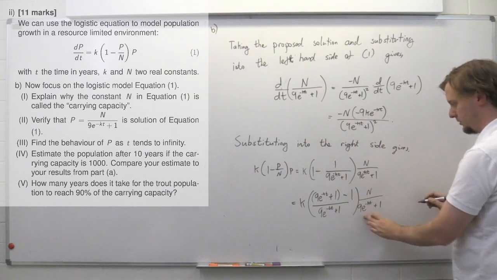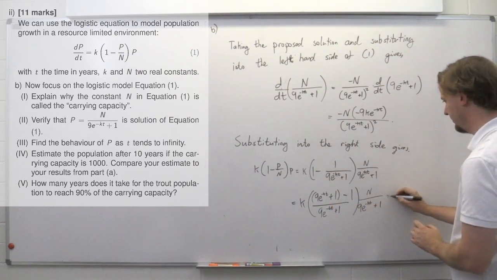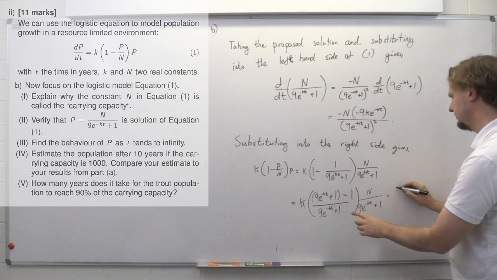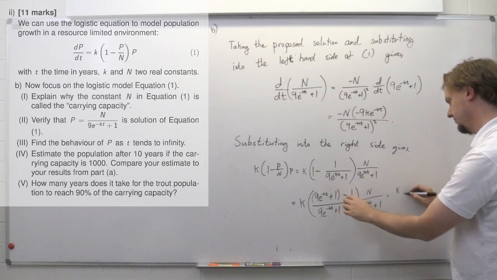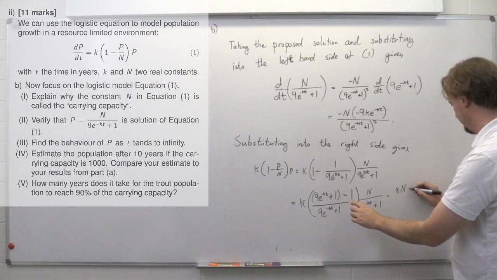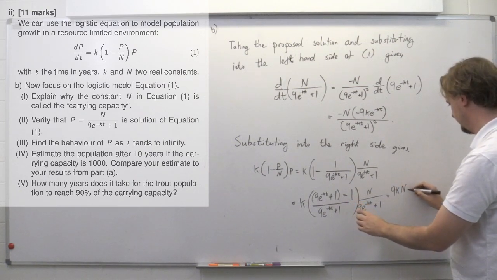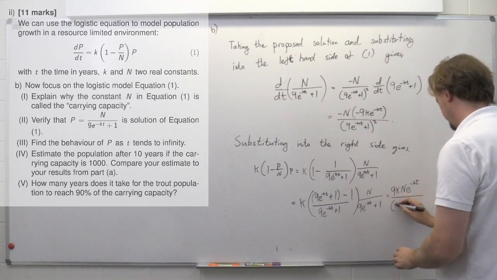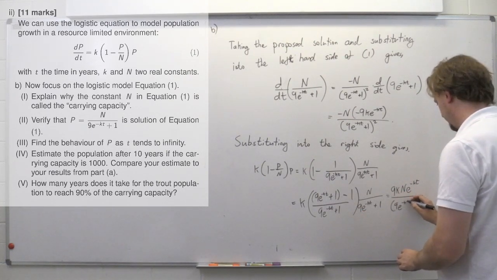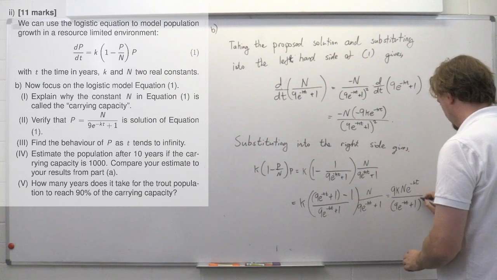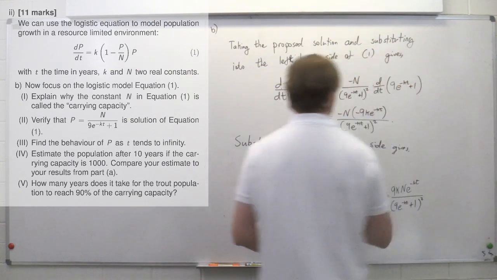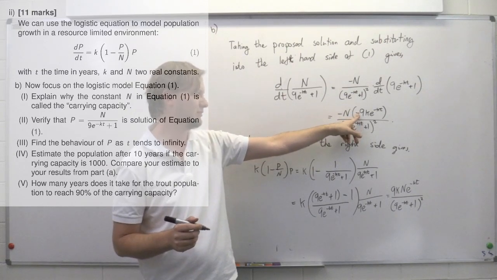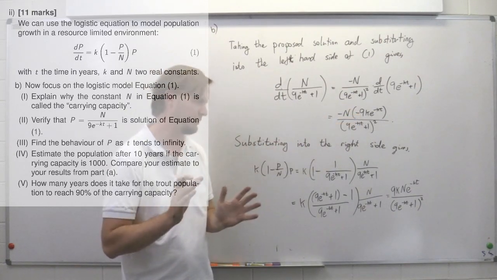These two terms combine to give me a square on the bottom, and I really do just get, well, minus 9kn e to the minus kt over 9e to the minus kt plus 1 squared. And well, I really should have cleaned this one up a little bit more, because now I see there are two minus signs, and that's kind of an ugly way to write that.